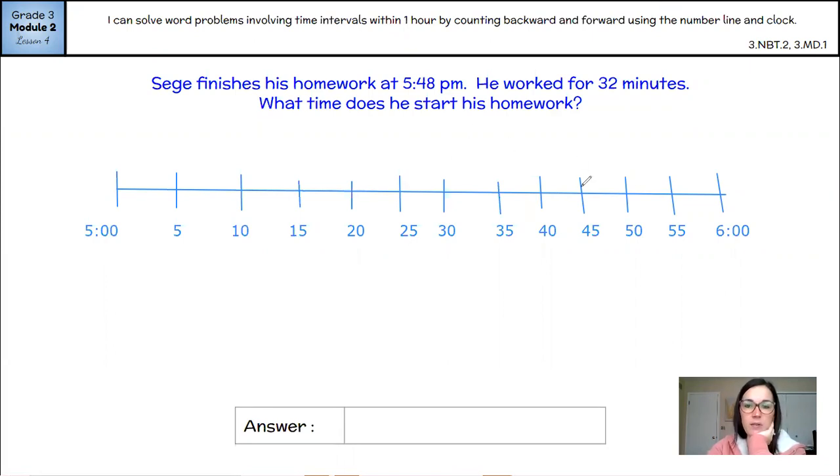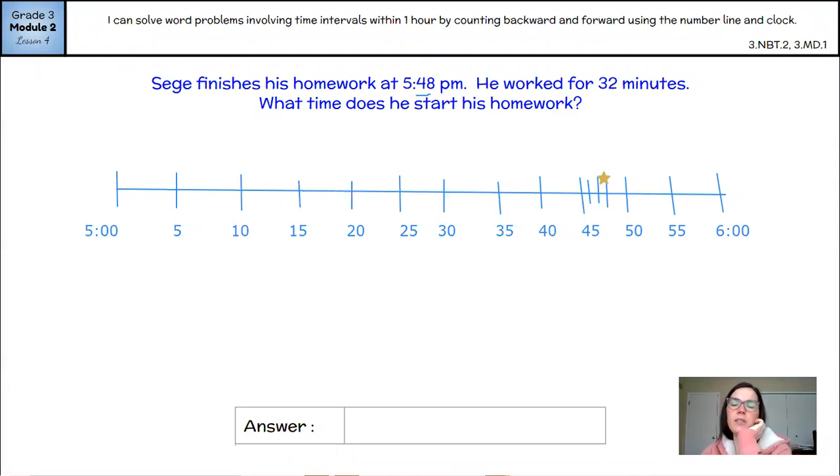So if he finishes at 5:48, I already made my number line from 5 o'clock to 6 o'clock. I know 48 comes between 45 and 50. So I think I'm going to try to use this tool here. So 46, 47, 48. Yep, I like that tool better. I'm going to mark it. Okay.